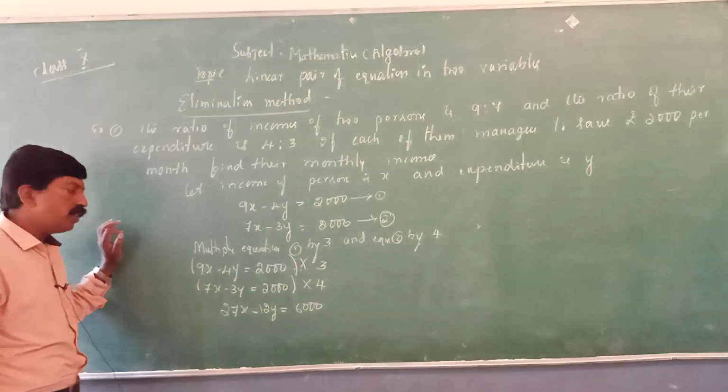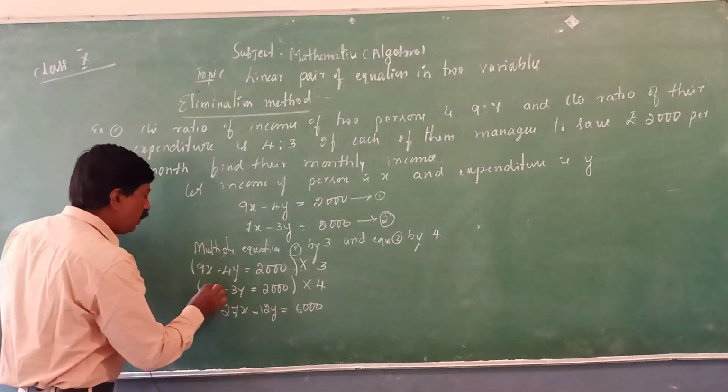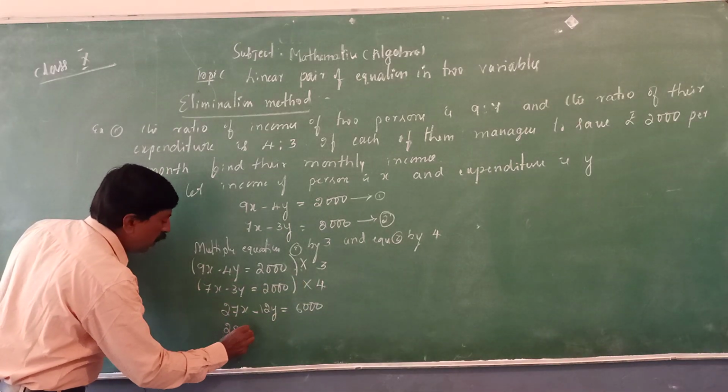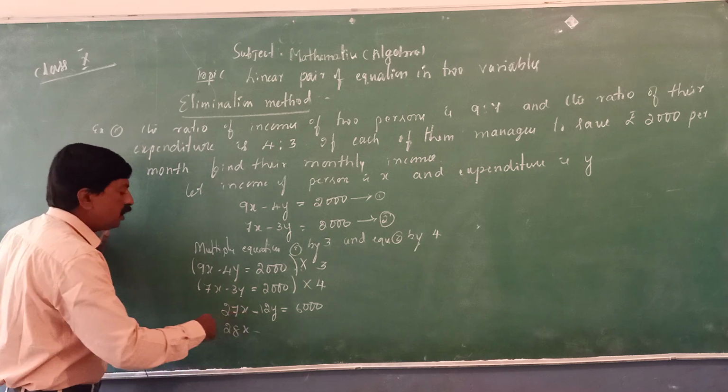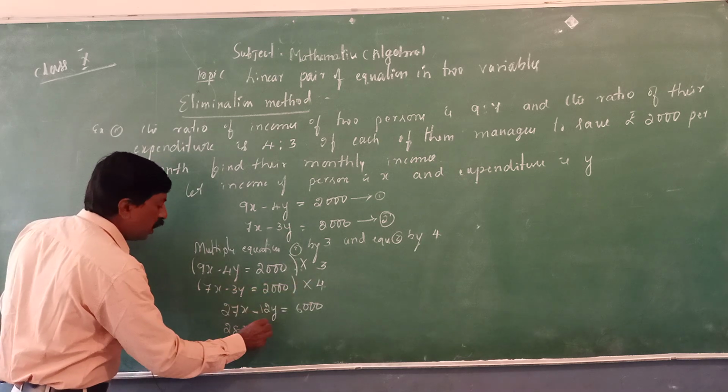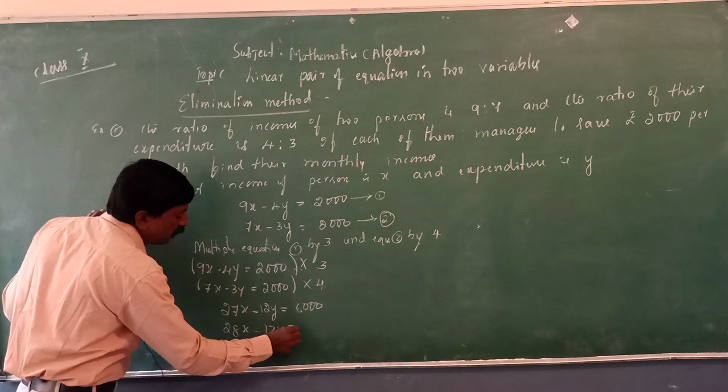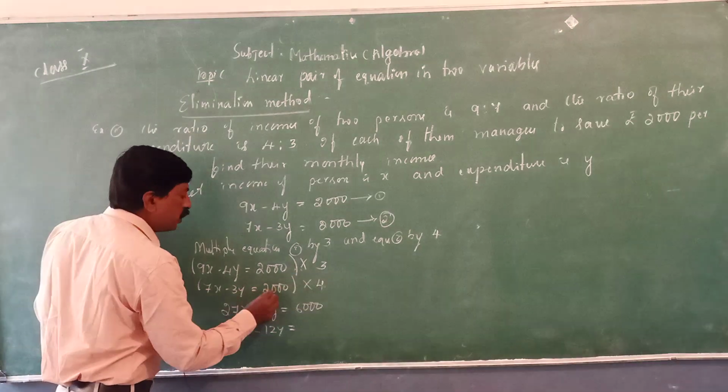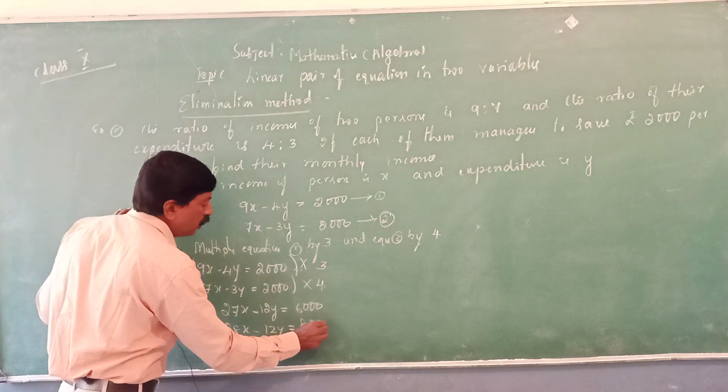That is the first equation. 4 7s are 28x minus 4 3s are 12y equals 4 2s are 8000.